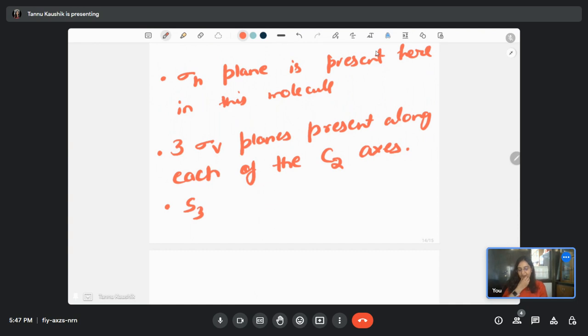And we have this S3 improper axis of rotation also present in this molecule.